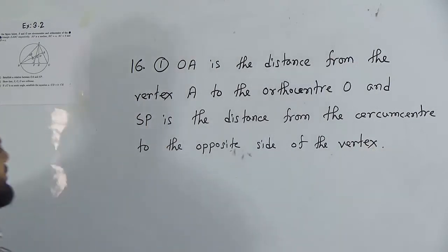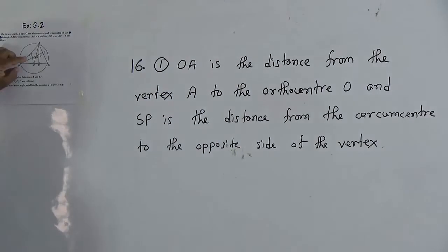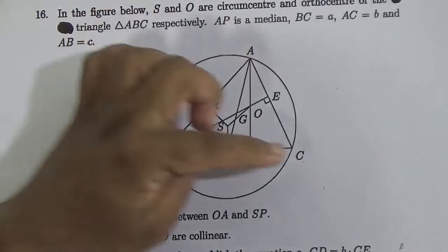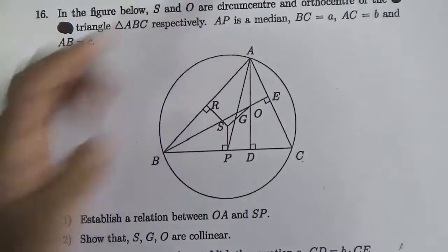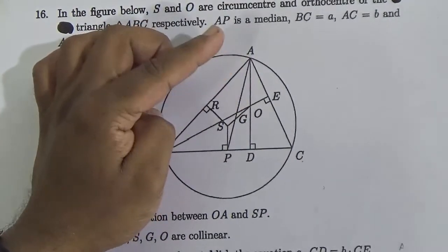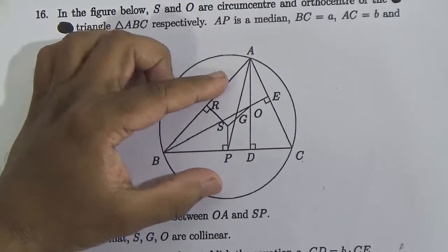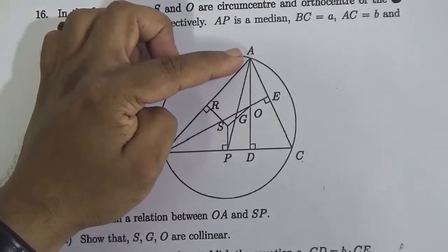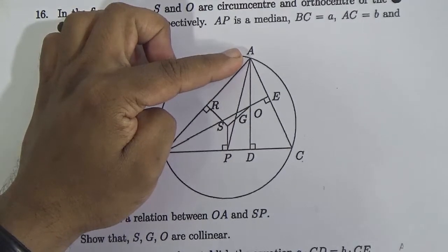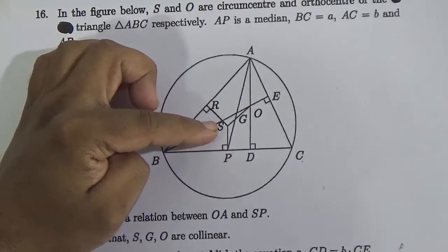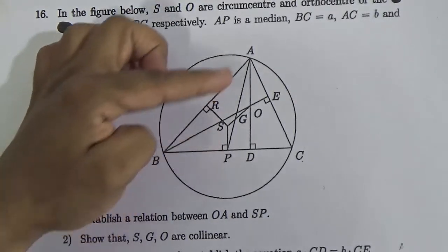Okay, look at the figure again. SP is the distance from the circumcenter to the opposite side. Opposite side means BC is the opposite side of the vertex A. And OA is the distance from the orthocenter to the vertex A. We know that the distance from the orthocenter to any vertex is twice the distance from the circumcenter to the opposite side of that vertex.